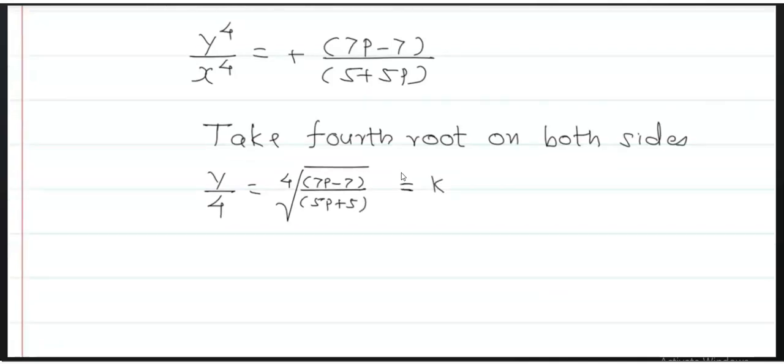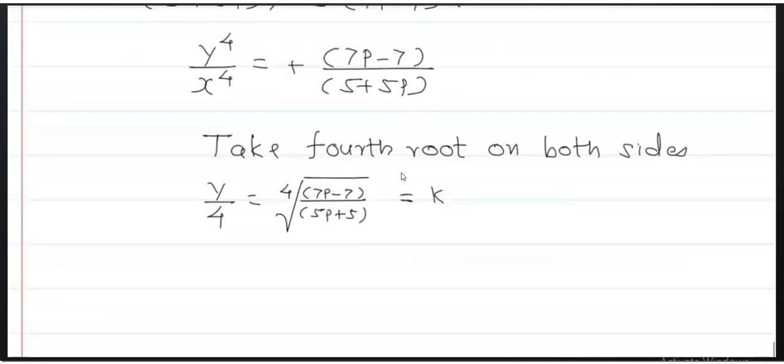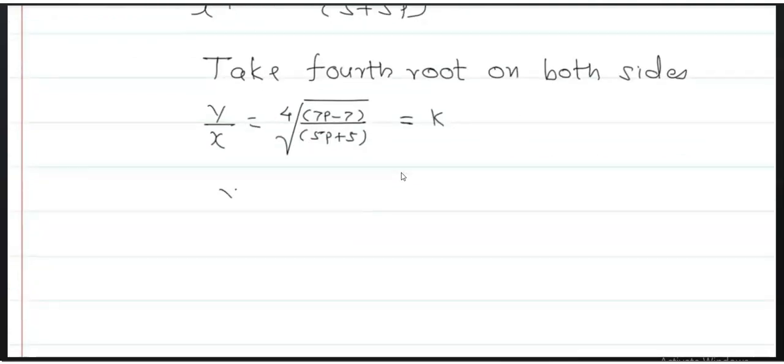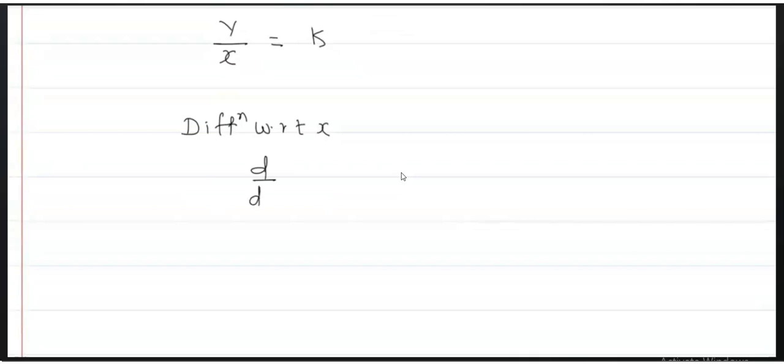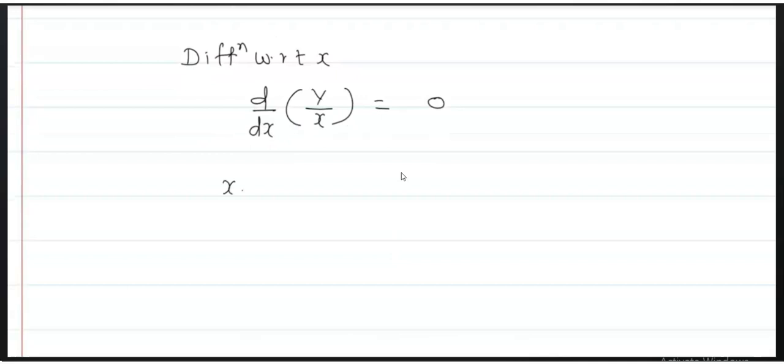On both sides, which is written with the constant: y upon x is equal to k. Again differentiate this with respect to x. Therefore dy by dx is equal to the derivative of the constant, which is 0.